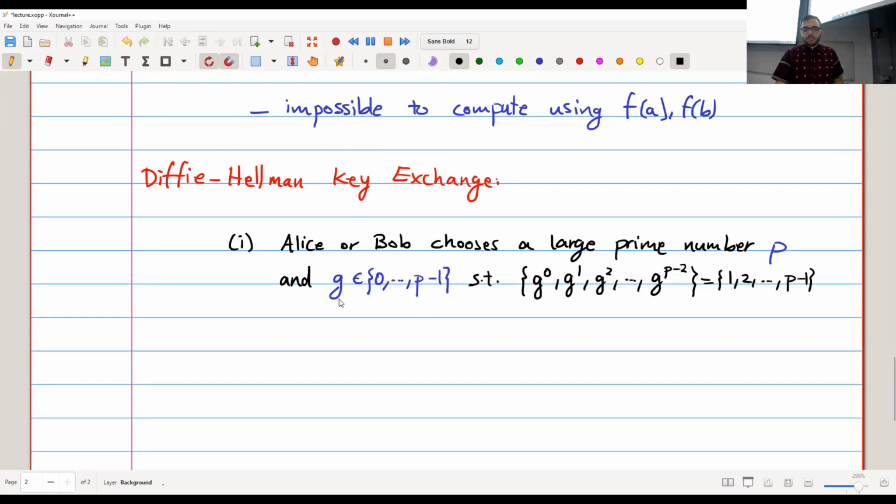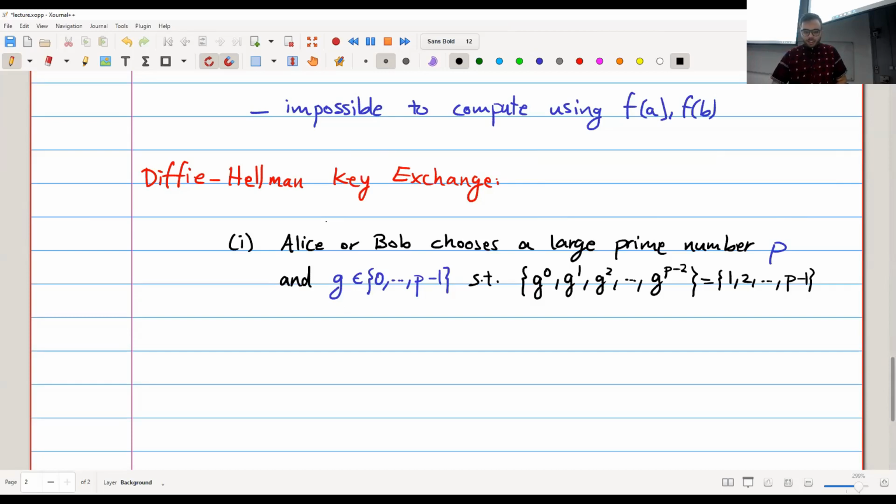And actually finding this p and g is quite easy. So I'm not going to get into that, but you want a large prime number. There are infinitely many prime numbers, so you can always find a prime number that is large enough for you. And it turns out that finding g is also quite easy. So just agree that Alice and Bob can find p and g like this, and they send both of them over.